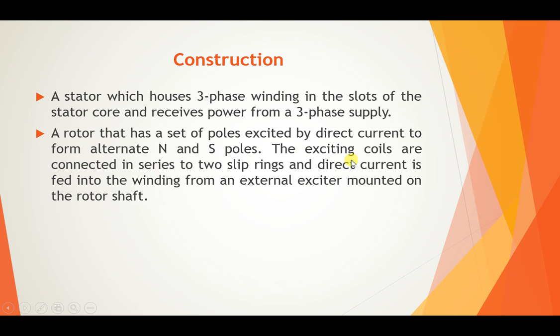The exciting coils are connected in series to two slip rings, and DC is fed into the winding from an external exciter mounted on the rotor shaft. So the two main parts are a stator, which is given a three-phase supply and has a three-phase winding in it, and a rotor that is excited through a DC source and mounted on a shaft.